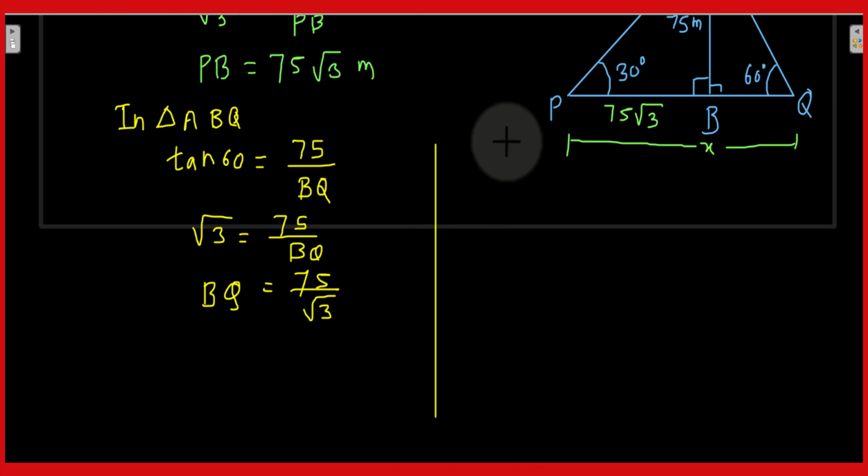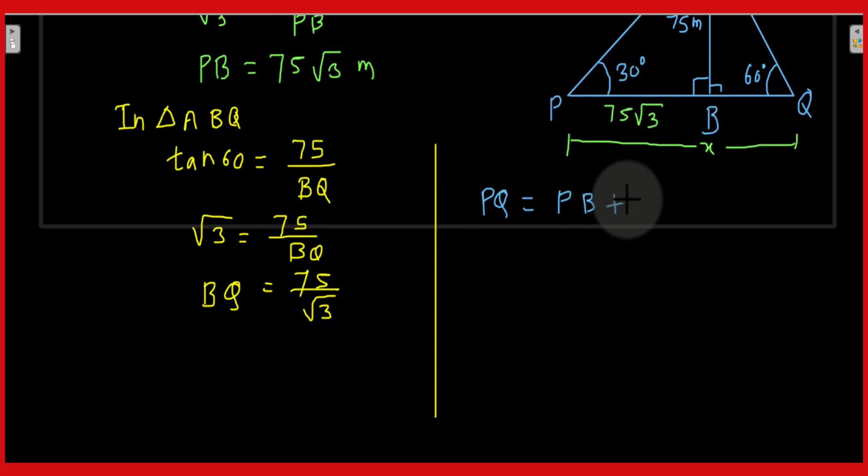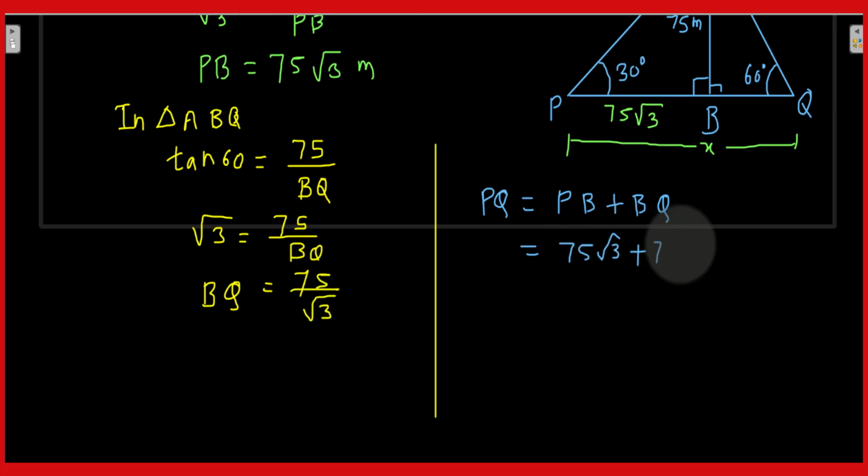PQ is equal to PB plus BQ, which is 75 root 3 plus 75 upon root 3. Here the LCM will be root 3.